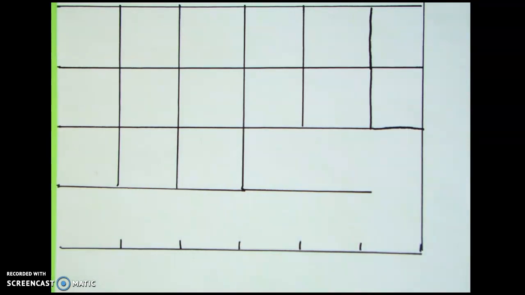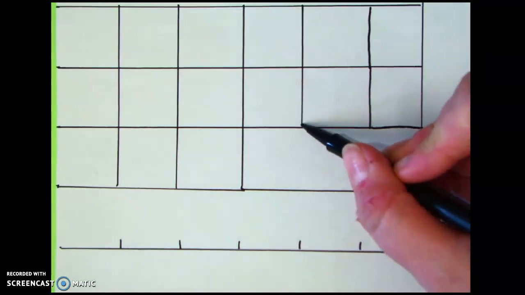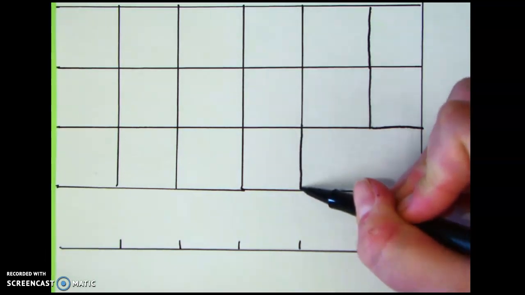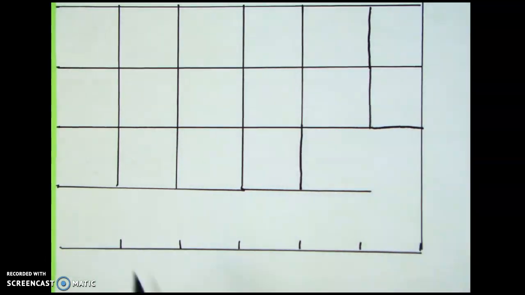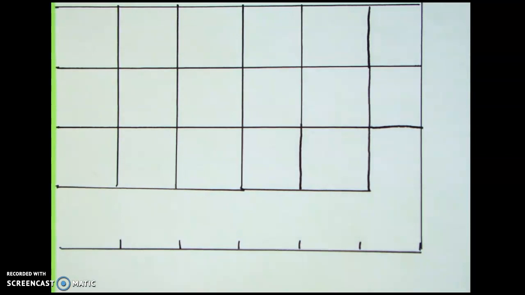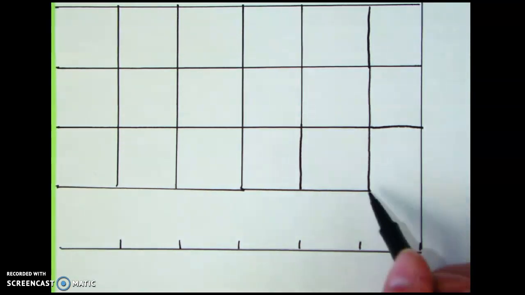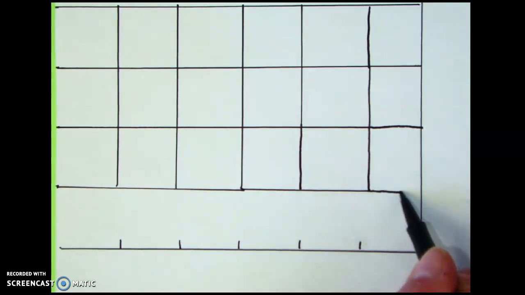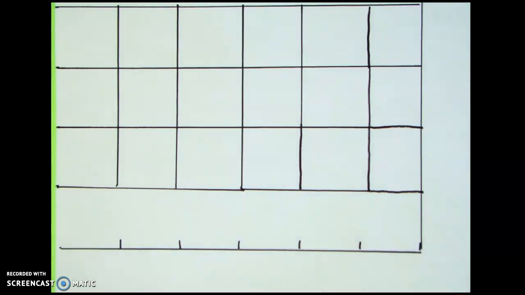Just like we did for the first 2 rows, you are going to draw a line that would make there be 6 square units in each row. So take a look at what I do. Okay, so now we have 1, 2, 3, 4 square units, 5 square units, and my last one will have 6 square units.